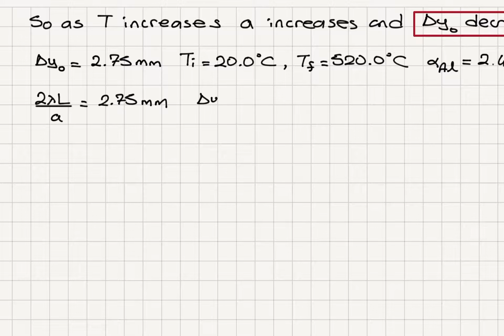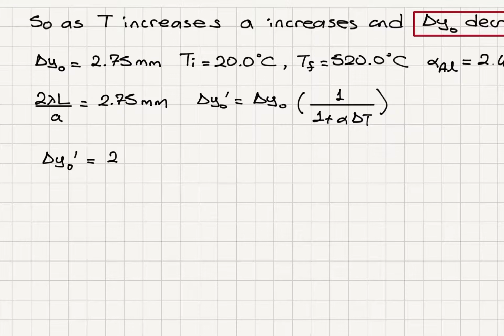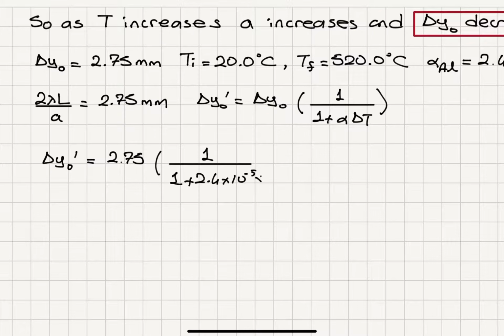Now the new central maximum width will be the original one multiplied by 1 over 1 plus alpha delta T. So we can calculate this as delta y0 prime is original 2.75 multiplied by 1 over 1 plus 2.4 times 10 to minus 5 times the change in temperature, which is 500 degrees Celsius.